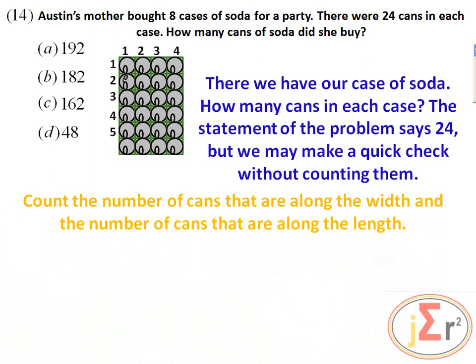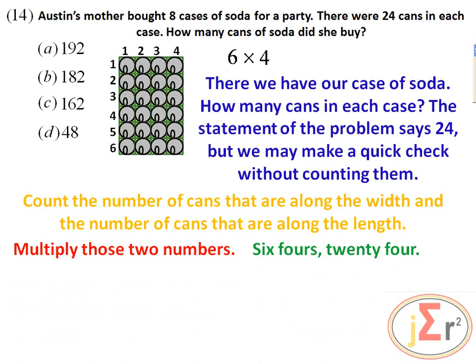So along the width we have 4 cans. Along the length we have 6 cans. Multiply those two numbers. 6 multiplied by 4, and the result is 24. 6 fours, 24.